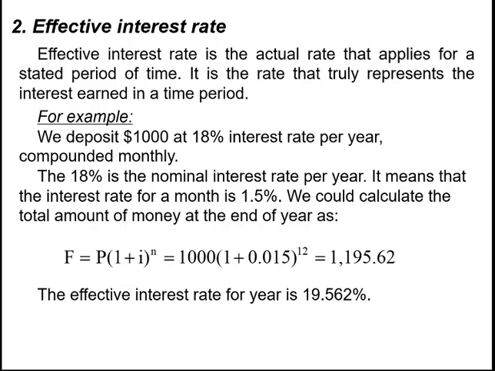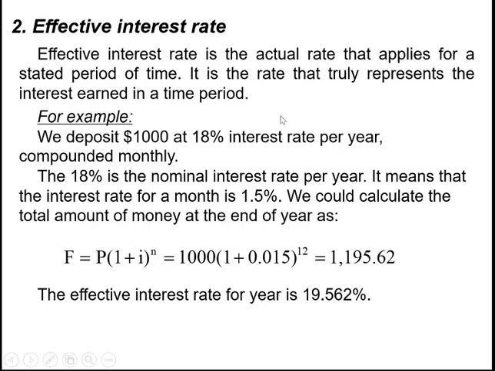It means that the interest rate for a month is 1.5%, because 18% divided by 12 months. So 1.5% per month and compounded monthly.